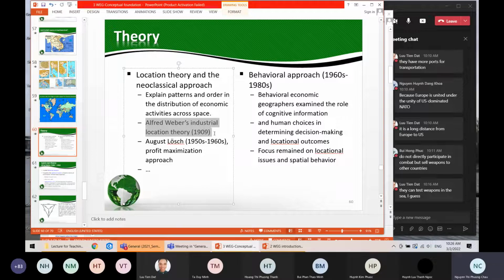Very important to understand. And then we will discuss August Lösch's theory. The second group we do not mention as much because it has various forms in different geographies; different locations have different social, cultural and political aspects.